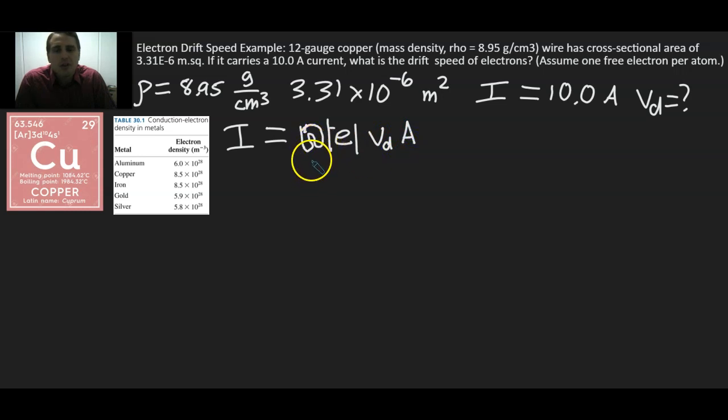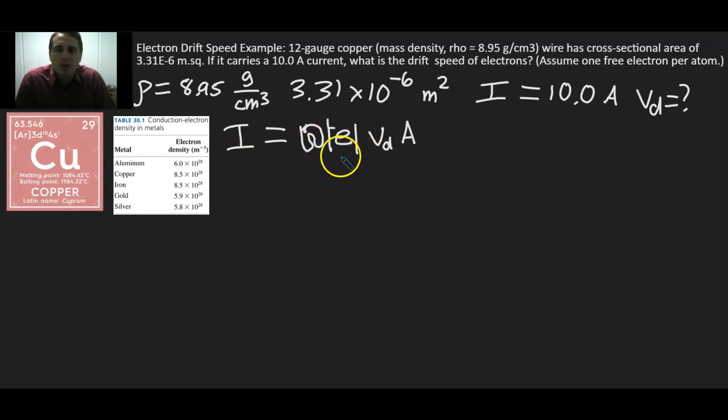So the units of this are number per meter cubed times charge in coulombs times meters per second times meters squared. That all comes out to units of coulombs per second in SI units, which are amperes.